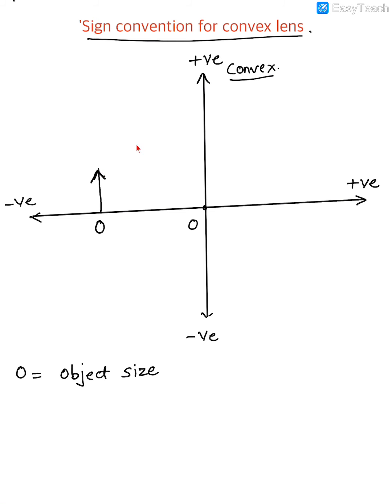Upwards. And anything that goes upwards is taken as what? Positive. So the object size will always be considered positive. It can never be negative, because that's a standard way of keeping the object in front of a lens.